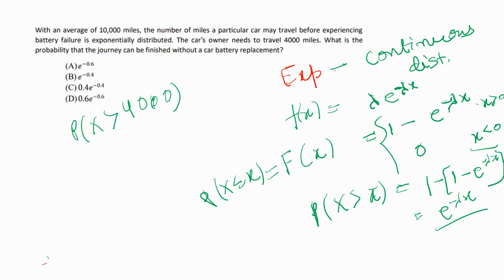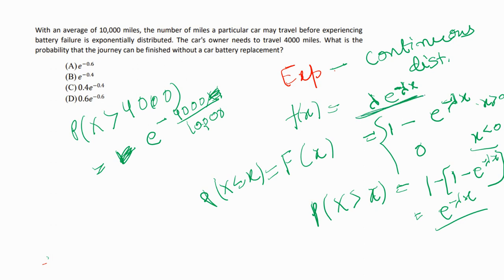And the average given here is 10,000 miles. Sorry, in an exponential distribution, the average is 1 upon lambda.